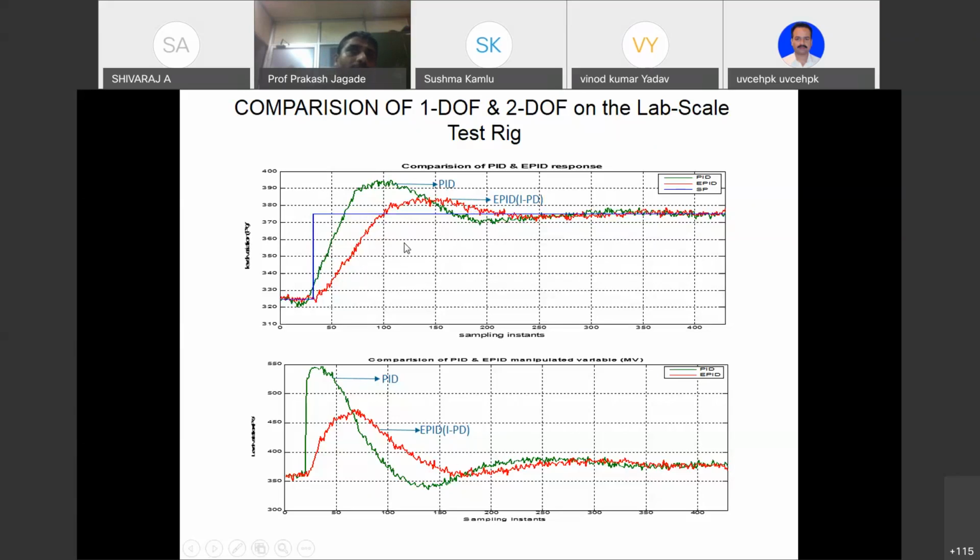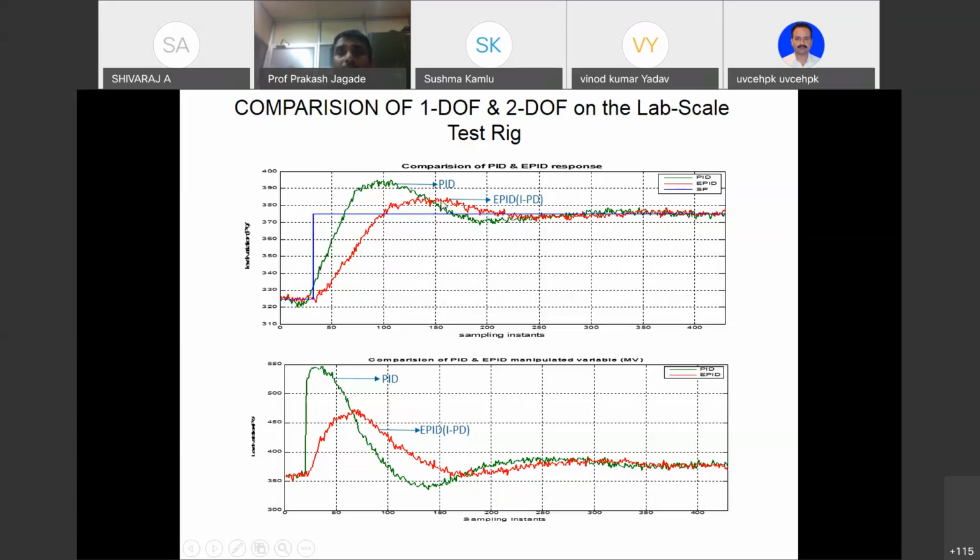The controller is able to take corrective action, and asymptotically it approaches the set point. So there is no steady state error, there is no offset. But if you see the overshoot, in the case of a PID, the overshoot is relatively high compared to a 2 degrees of freedom PID. Your overshoot is less.